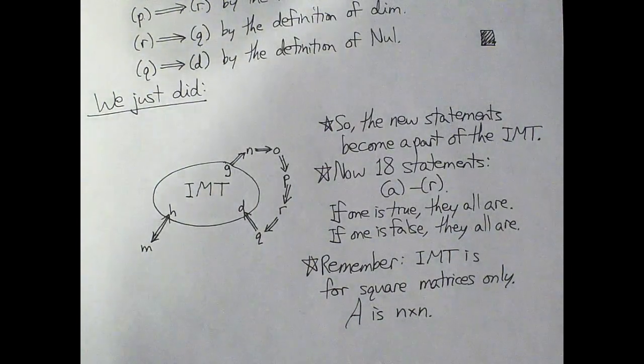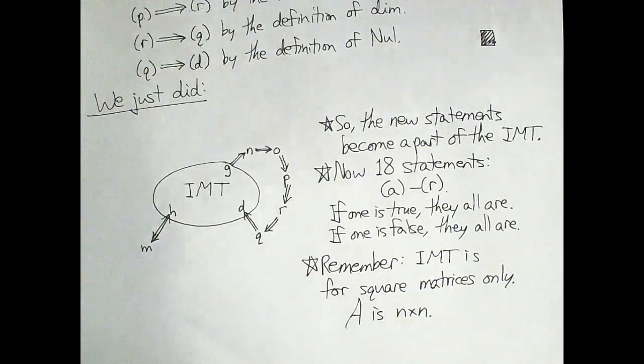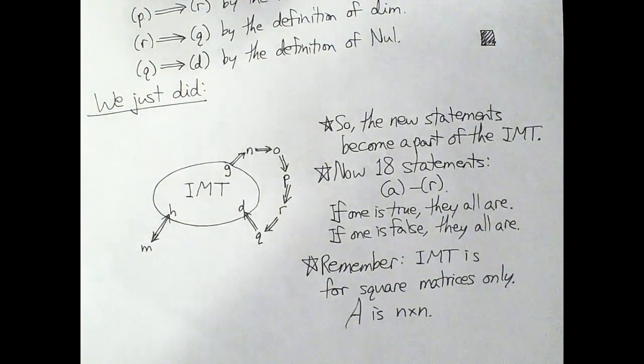I'm looking through and thinking I could make a rectangular matrix that's not square that has statement E being true, or I could make one that has statement E being false. So it's a different discussion when matrices are not squares. Plus, a matrix has to be square in order to even potentially be invertible.